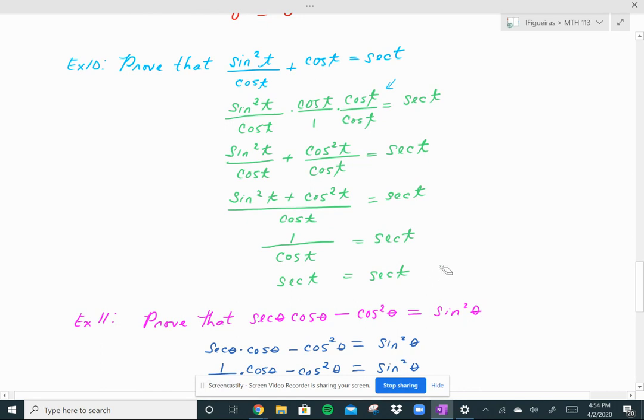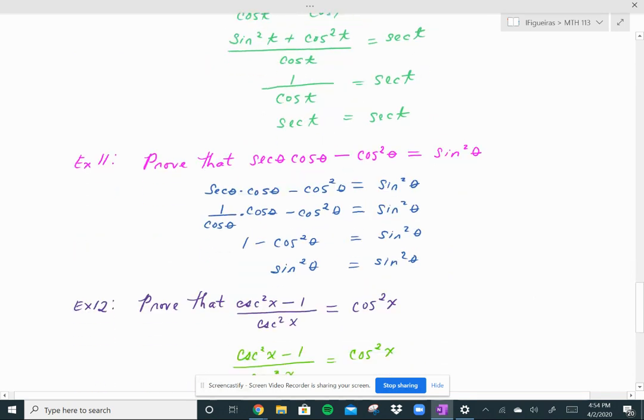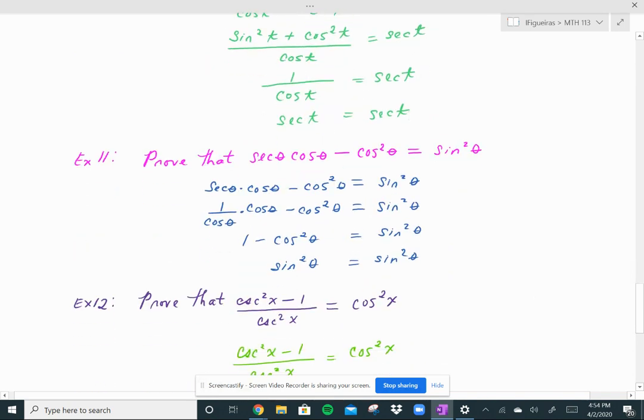Okay, here's another proving problem. We want to prove that secant of theta times cosine theta minus cosine squared of theta equals sine squared of theta. So similar to the other problems, I first rewrote the left side in terms of cosine in this case.